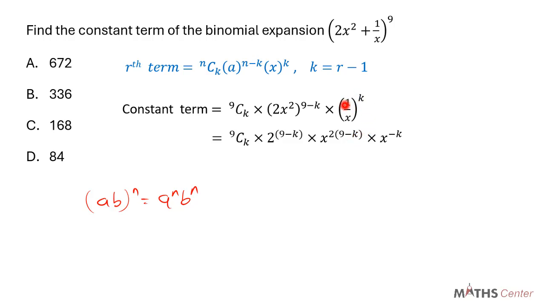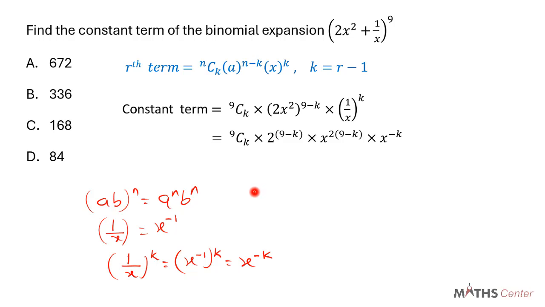We also know that 1 divided by x exponent k can be written as x exponent negative k. We know this from indices. If you have 1 divided by x, it can be written as x exponent negative 1. And because we have an exponent of k here, 1 divided by x exponent k will be x exponent negative 1, then the exponent of k, which is already here, and this will be x exponent negative k.